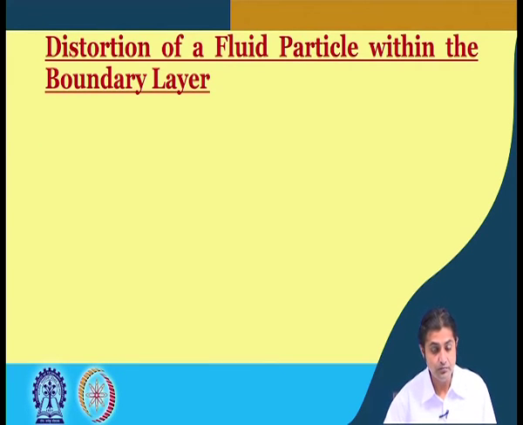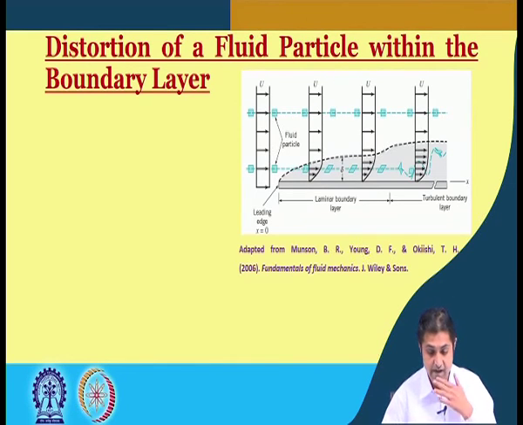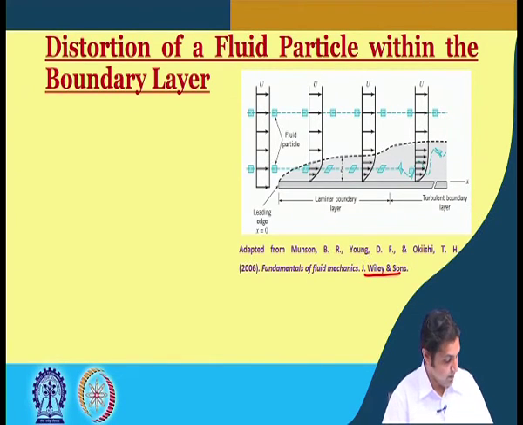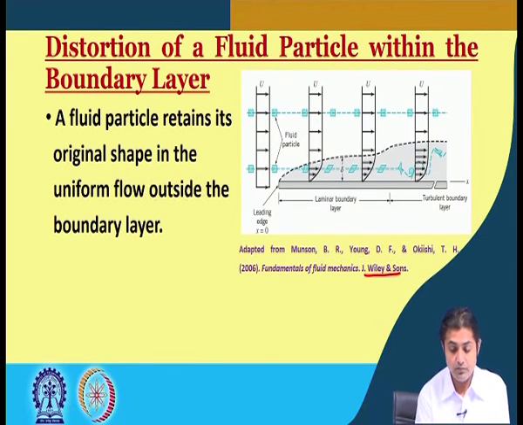Now, we will talk about another phenomenon, that is distortion of a fluid particle within a boundary layer. This figure has been taken from Munson, Young and Okiishi's Fundamentals of Fluid Mechanics, published by Wiley and Sons. What it says is that the fluid particle retains its original shape in the uniform flow outside the boundary layer.